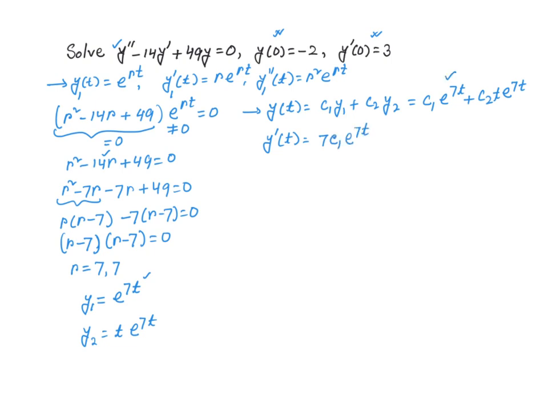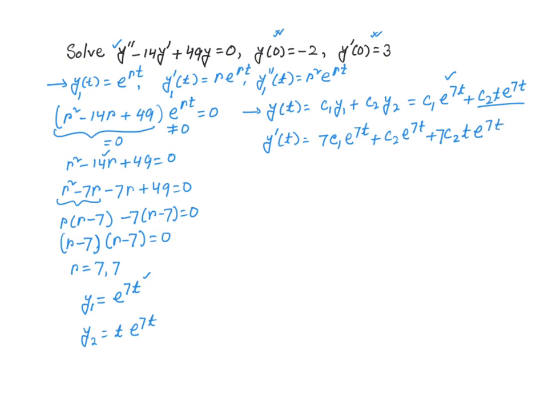So I took the derivative of this, and then using the product rule, I'm going to take the derivative of that. So it's going to be c2 e to the power 7t plus c2 times 7 times t times e to the power 7t.